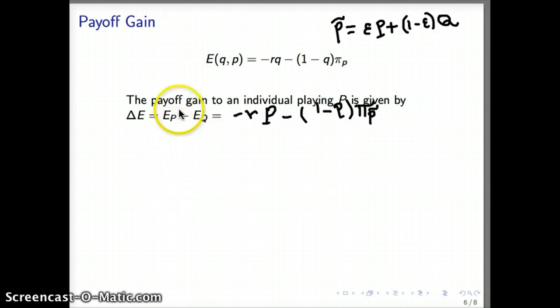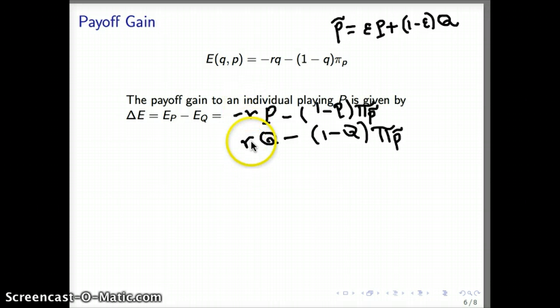Okay, that would be E of P. And then we have to subtract, and this is where things are going to get interesting. You're subtracting here, so everything in that expected payoff is going to switch signs, right? So this is going to become R Q minus 1 minus Q times pi sub P tilde.